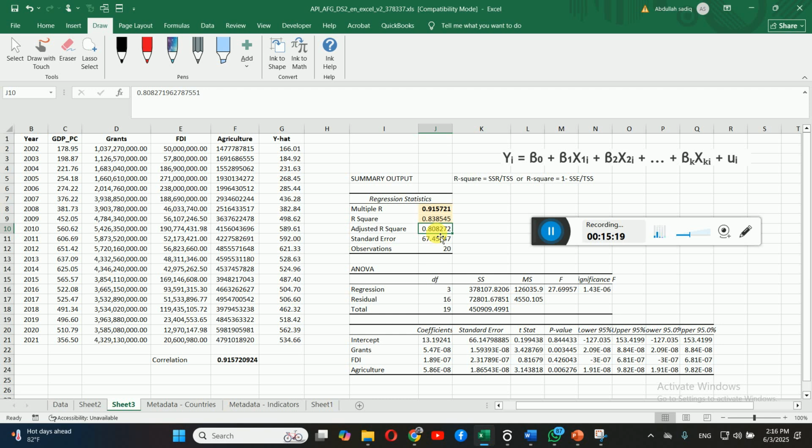What do we mean by this? Currently we have three variables. If you incorporate a new independent variable into the set of variables, the adjusted R square checks whether the new variable is relevant in the model, whether it significantly affects the R square or not.